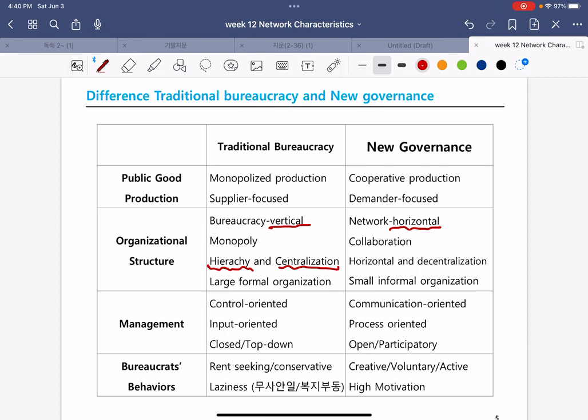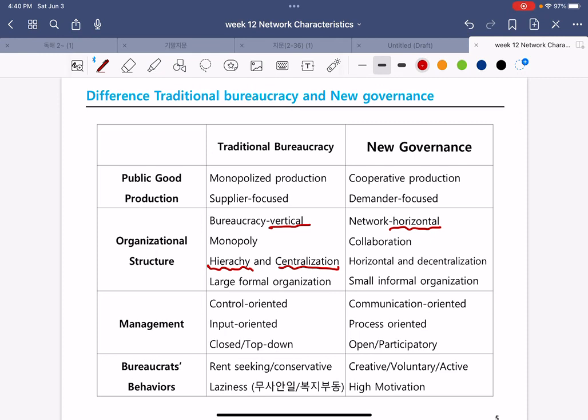Also, in terms of management, in the traditional bureaucracy, control is emphasized. Also, input is emphasized. In a large formal organization, there are so many actors, public employees, and to produce public services, the government needs to control so many public employees.